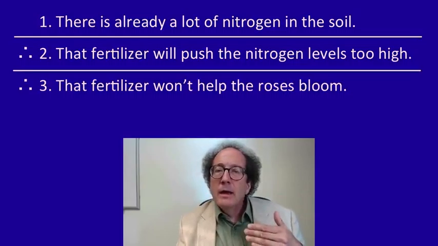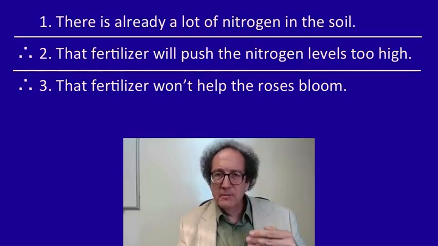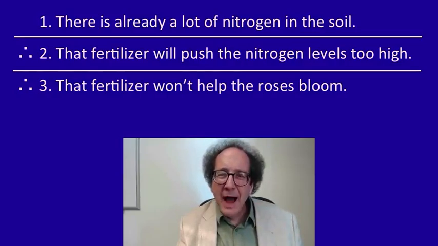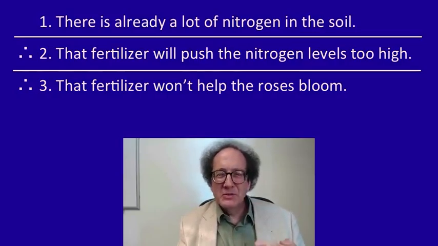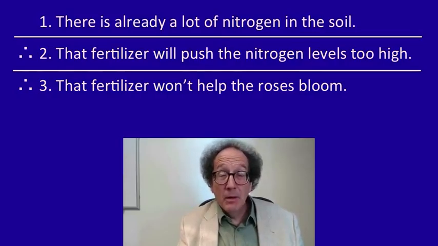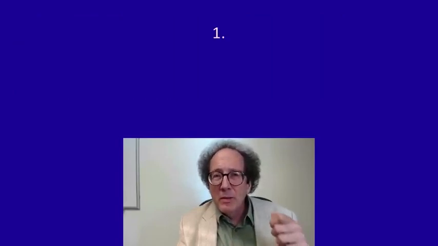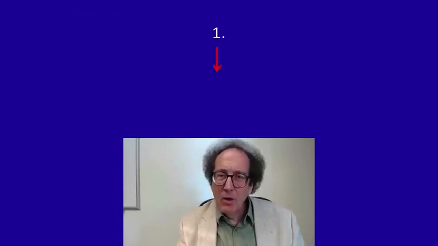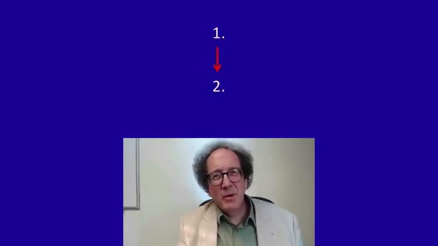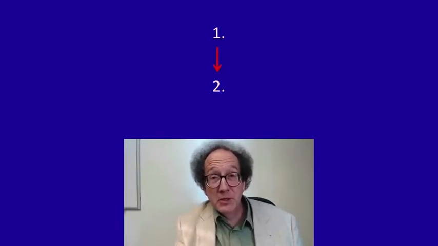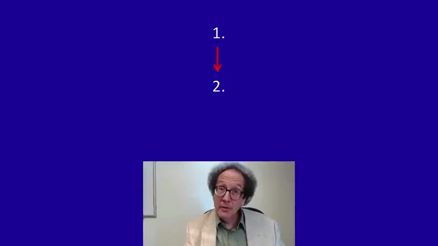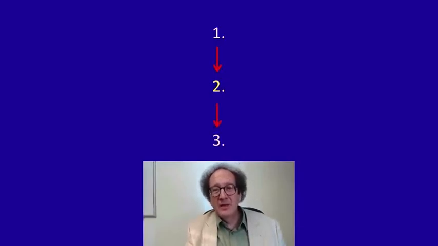Now, if we take that whole structure and we try to represent it in a diagram, and we represent each premise with a number, which is the number that was given it in the standard form, then we can simply have premise 1 with an arrow to premise 2 indicating that premise 1 is a reason for premise 2, and then another arrow going from premise 2 to premise 3 to indicate that 2 is a reason for 3.